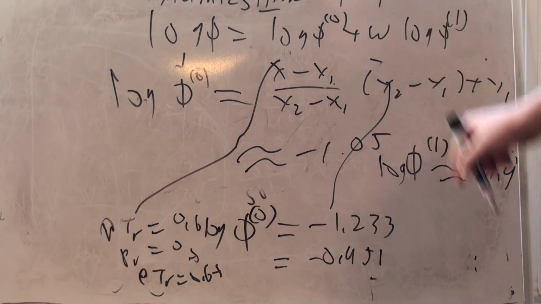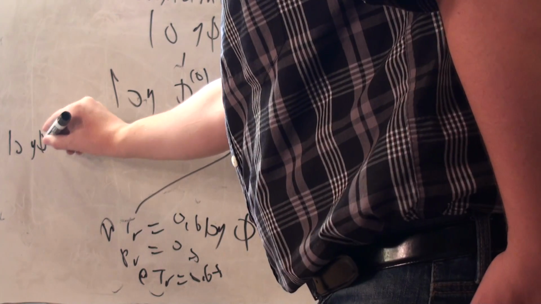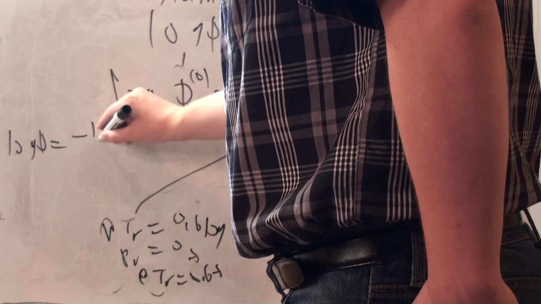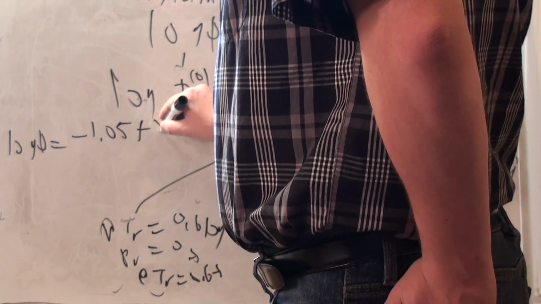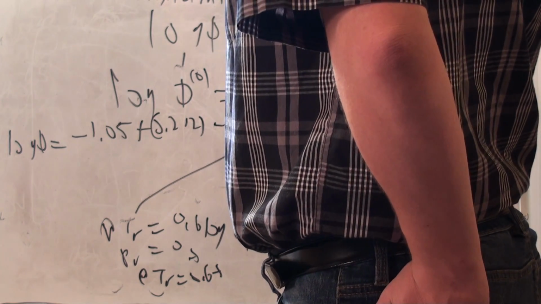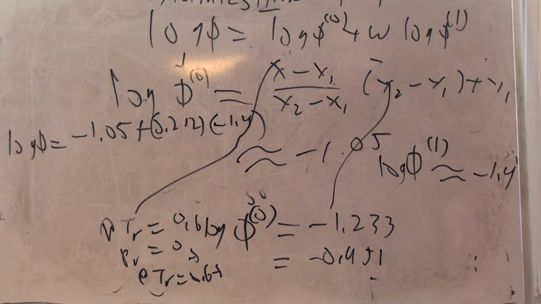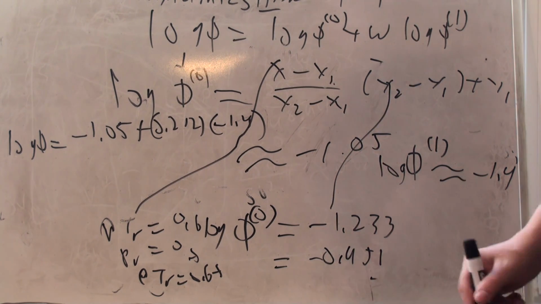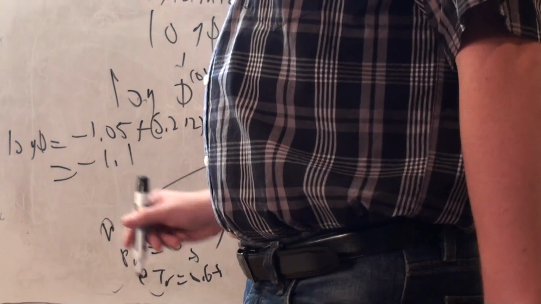So I plug those in here. I have log of phi equal to negative 1.05 plus 0.212 times negative 1.4. Where's 0.212? That's the omega. I erased it. That's about negative 1.1.